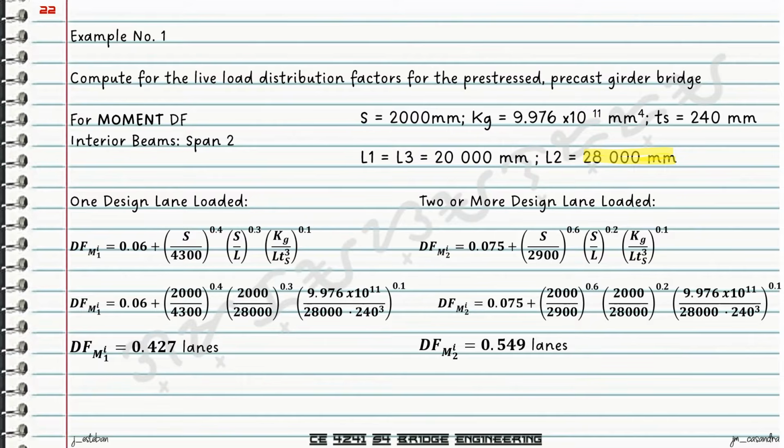Okay, so again, whichever gives us the highest value of the distribution factor, that will be what will govern in our computation later on. In this case, we have 0.549 distribution factor for span 2 for its interior.